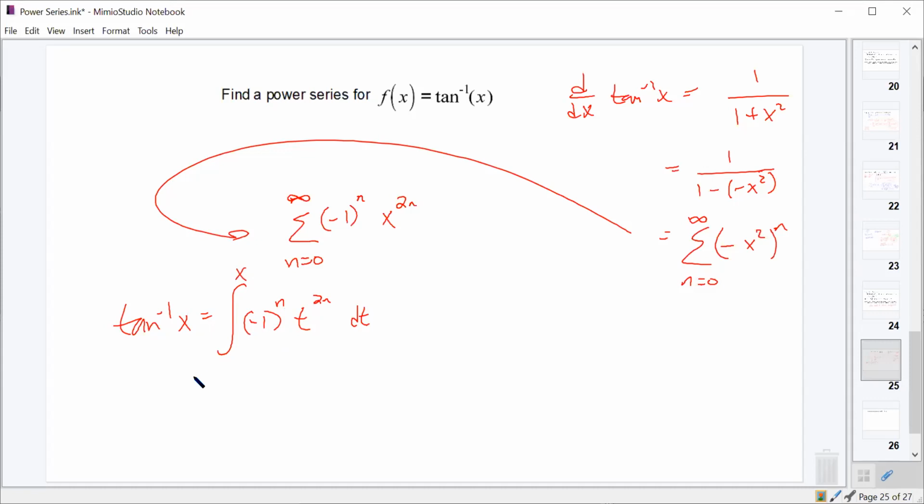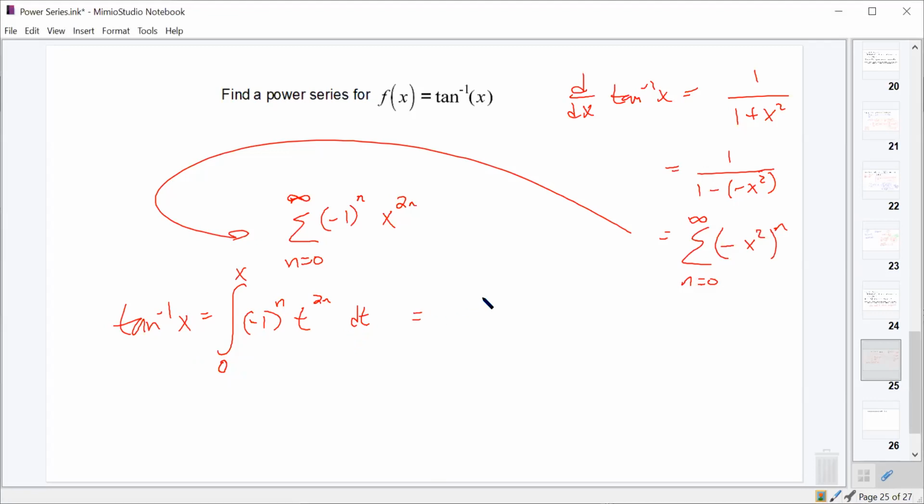Is there a good value that when we plug it into inverse tangent, we'll get 0? Inverse tangent of 0 is 0, isn't it? Right? So let's do this. The inverse tangent of x is equal to the integral from 0 to x of negative 1 to the n t to the 2n times dt.